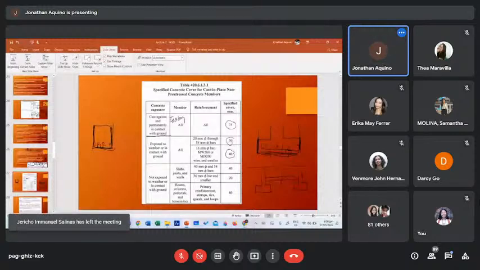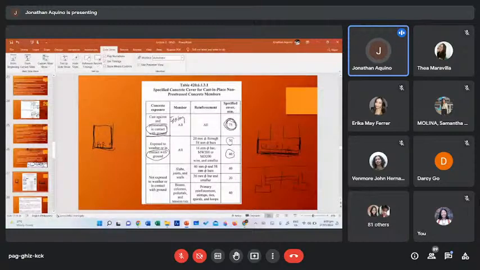Then for not exposed to weather. Ito yung mga beam natin na nasa interior, okay? Hindi siya exposed sa rain, hindi siya exposed sa mga other chemicals. So for 40 mm to 50 for slabs, okay? Ito yung prescribed niya, 40 and 20 millimeter. For beams, okay?